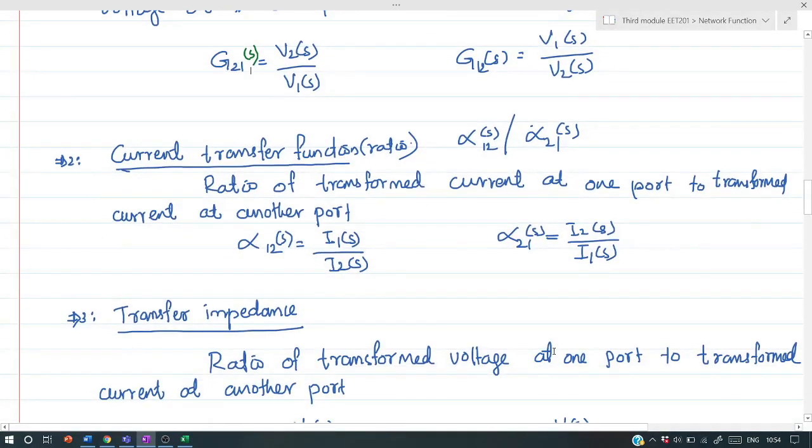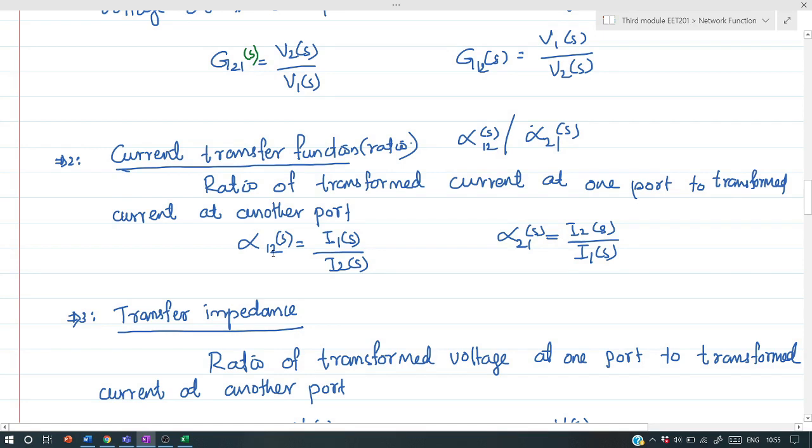Similarly, we can have the current transfer function ratio, or simply current transfer function. It is represented by alpha(s). It may be alpha12(s) or alpha21(s). It is the ratio of transformed current at one port to transformed current at another port.